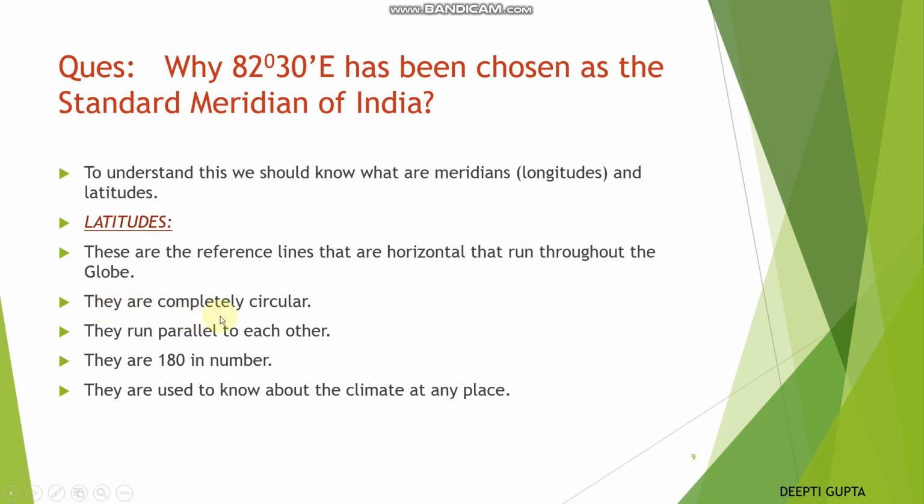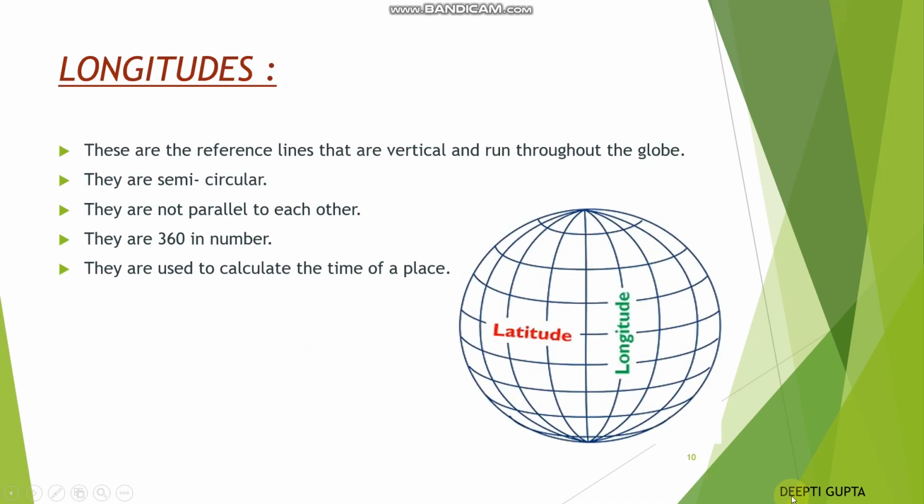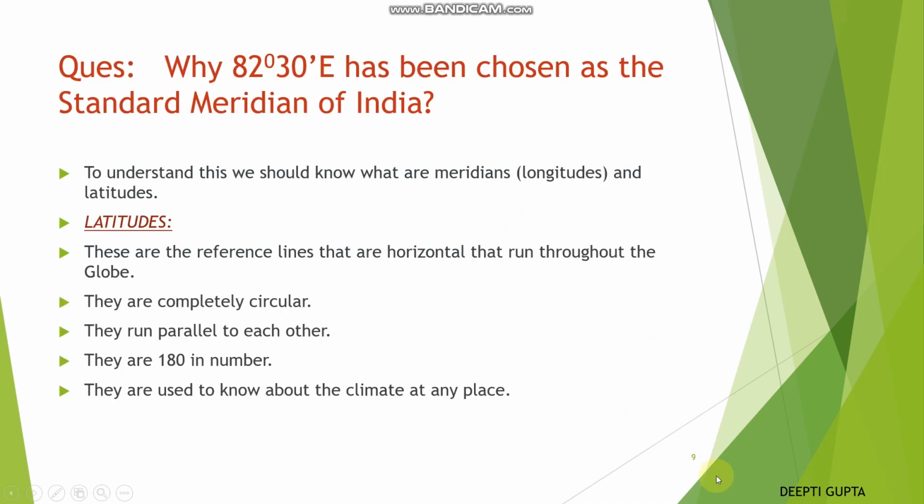Second, they are completely circular and they run parallel to each other. Again, they are circular, right? And all these latitudes are parallel to each other. And their number is 180. It's a very big number.